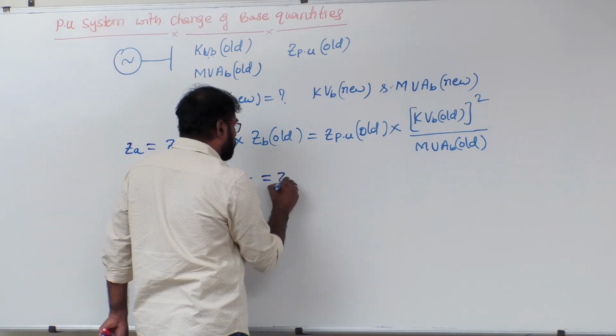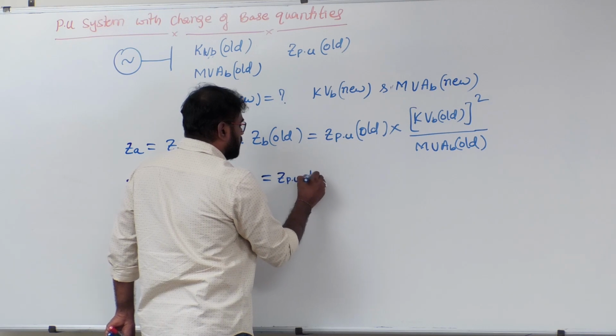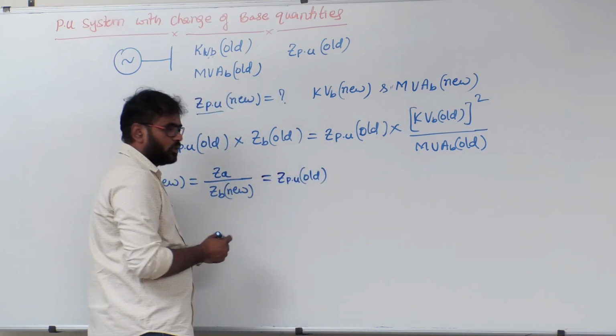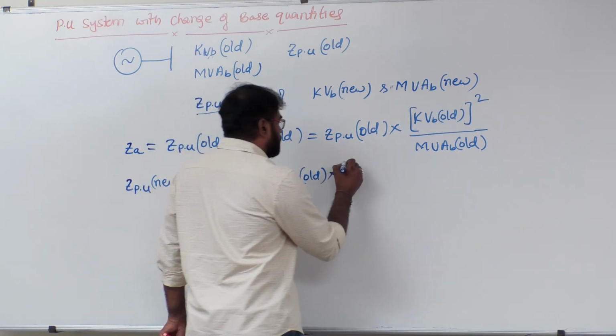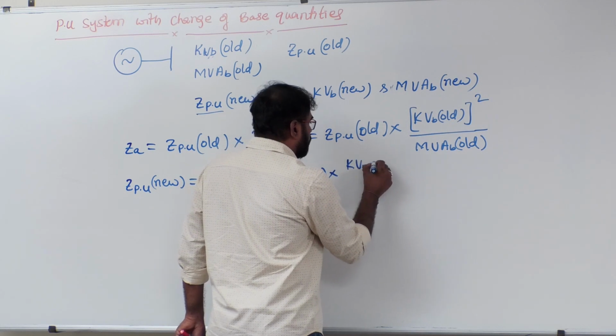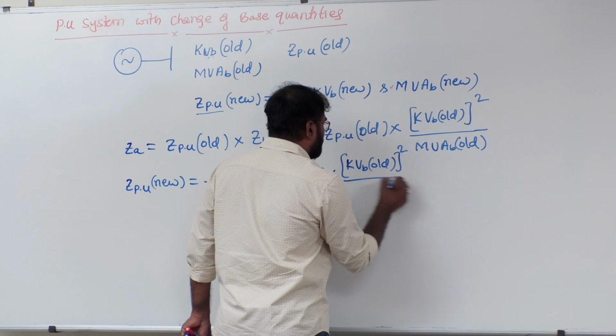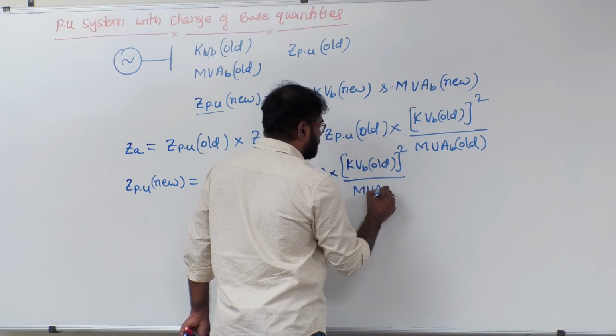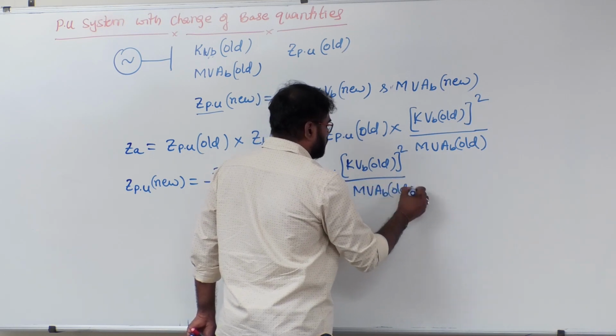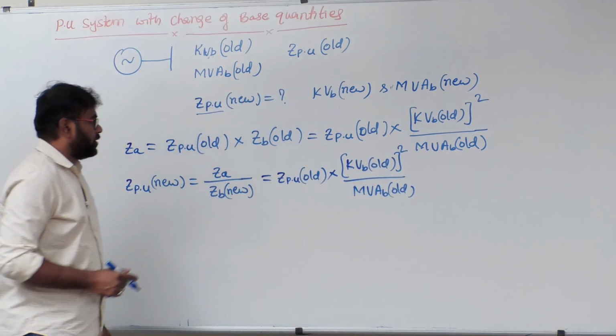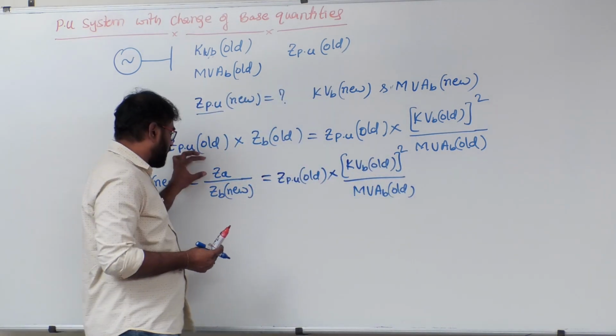Z per unit old multiplied with KVB old whole square divided with MVAB old. This is Z actual.